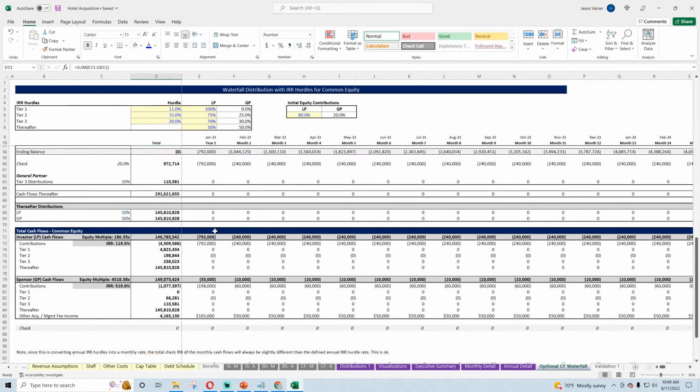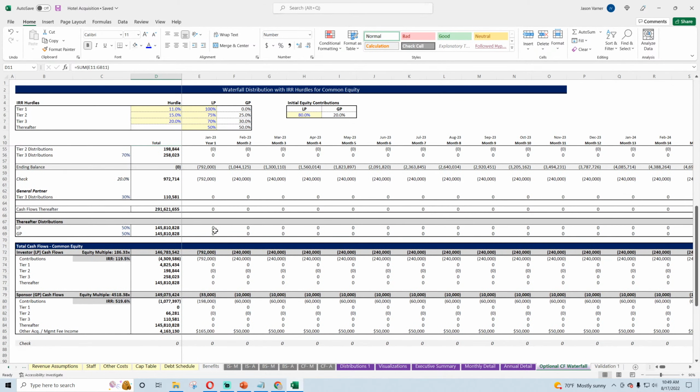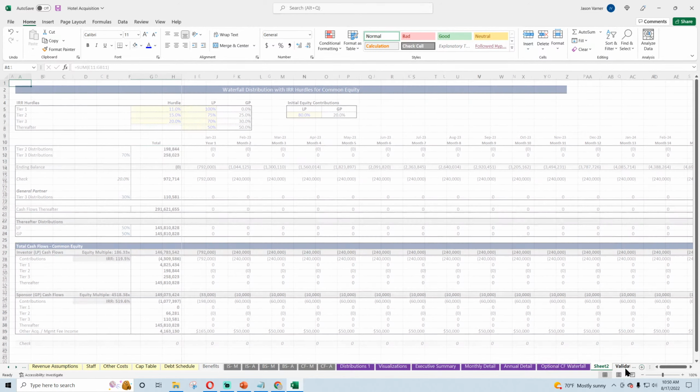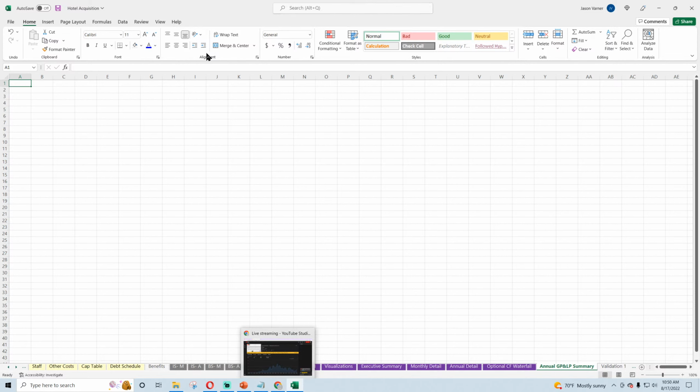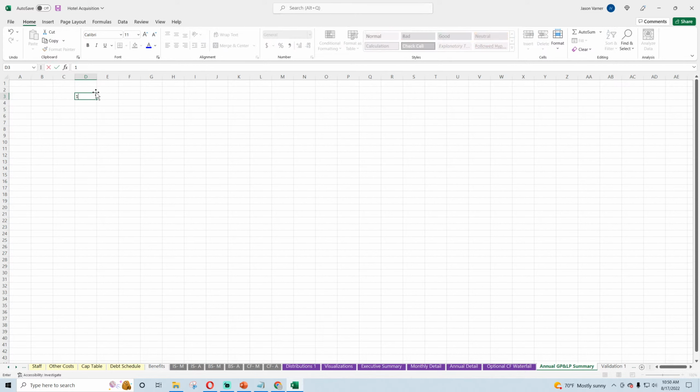All right, so I think this is fine as is. We can keep it monthly. No need for an annual, but we do want to show annual summaries off of this cash flow. So annual GP and LP summary. So what we can do here is let's go year.